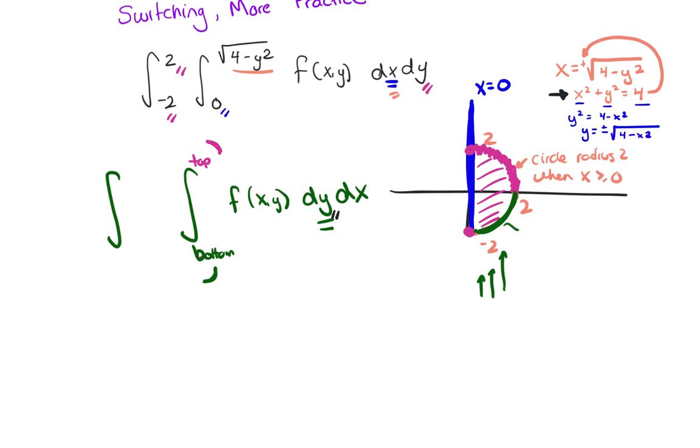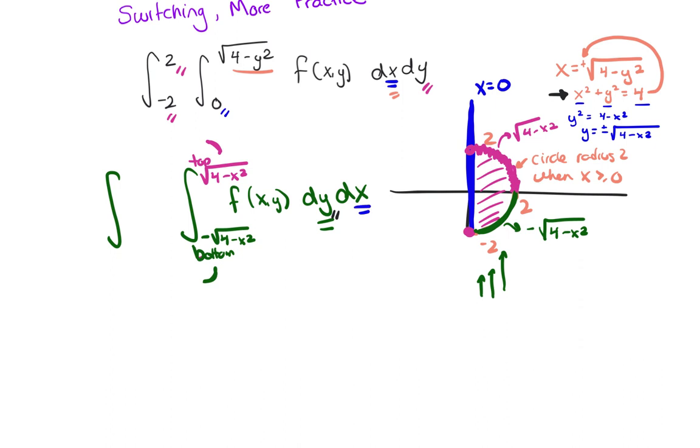So the bottom is coming from the negative square root of 4 minus x squared, and the top is coming from the positive square root of 4 minus x squared. So I'm going to get on the bottom negative square root 4 minus x squared, and on the top square root of 4 minus x squared. So we do have that circle on both the top and the bottom.